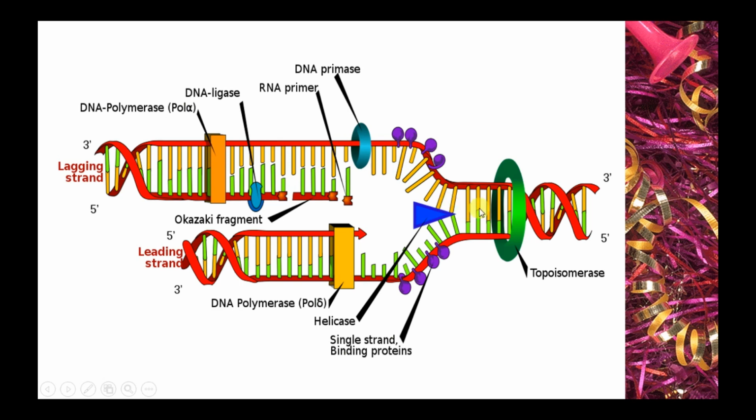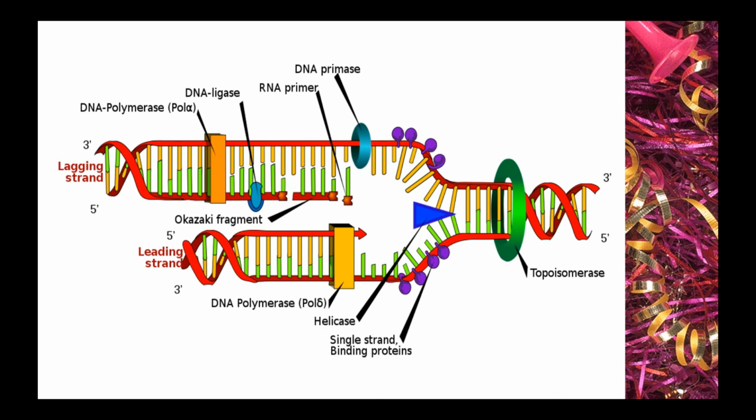Here we have a parental molecule. The helicase will break down the hydrogen bonds present between the nucleotides of the parental molecule. So the two strands will be separated. Here are the two strands. These two strands of the parent molecule will act as a template upon which the new strand will form.